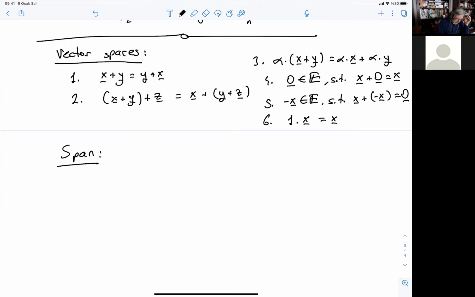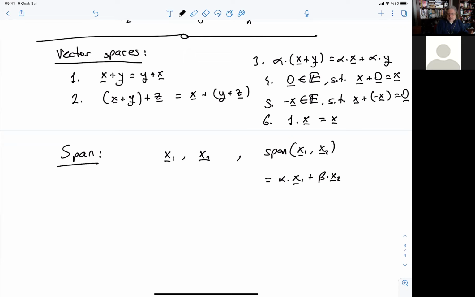So if you have, let's say, two vectors x1 and x2, then we can define a span of x1 and x2, which will correspond to alpha times x1 plus beta times x2 for all real or complex values of alpha and beta.